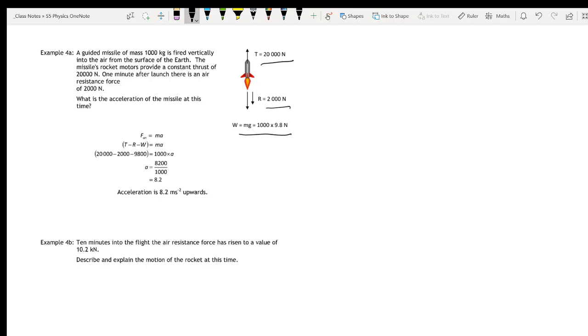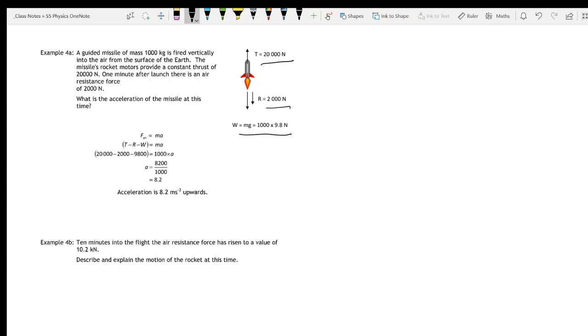Okay, so in this case, the unbalanced force would be the upwards force, the 20,000, take away the resistance force and the weight. So that's what we've got in the first line here. So we've got F equals ma. So T, being the thrust, minus the resistive force minus the weight equals mass times acceleration.